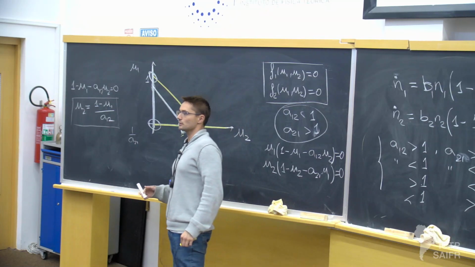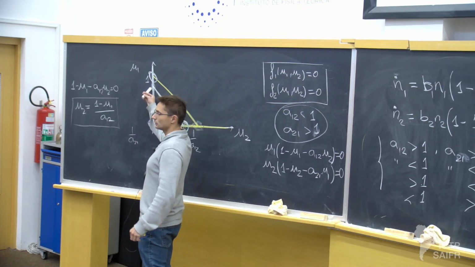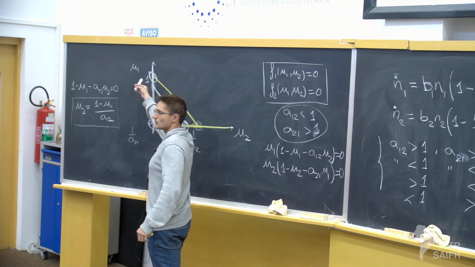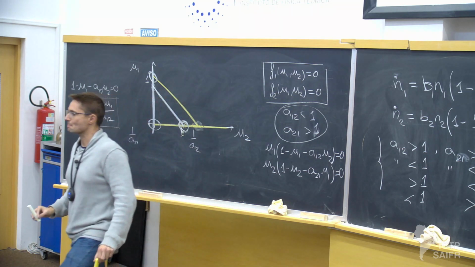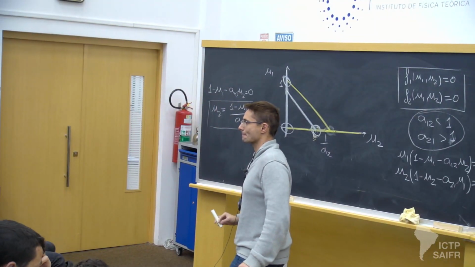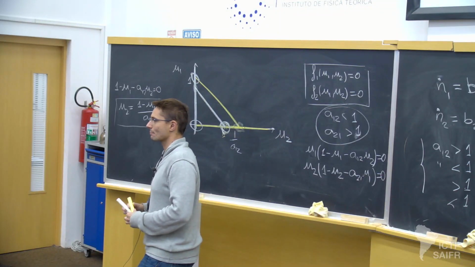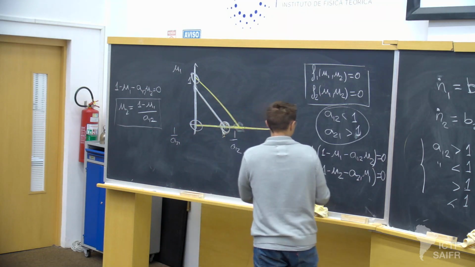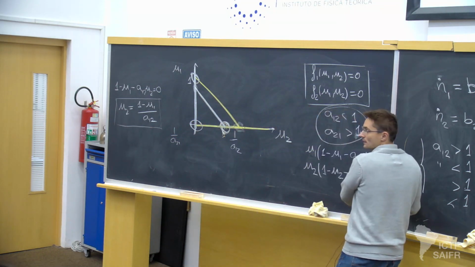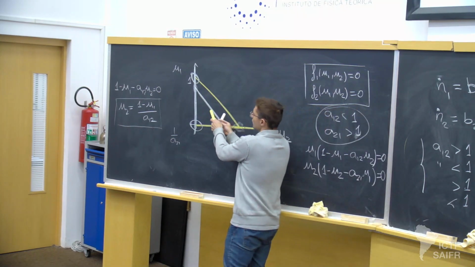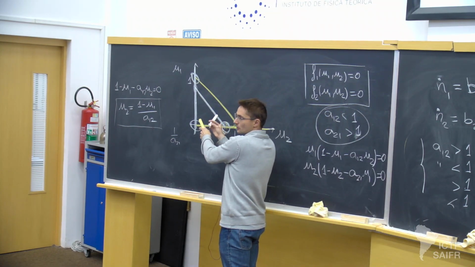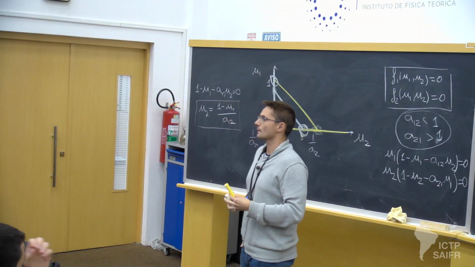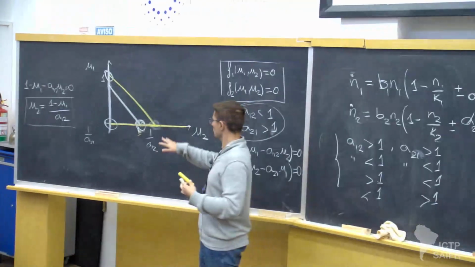I know that the fixed points are the U1, U2 values for which these two vanish at the same time, right? So from these curves, how can I find the fixed points? The intersection between the lines of a different color. Okay. So we have those three fixed points, no?